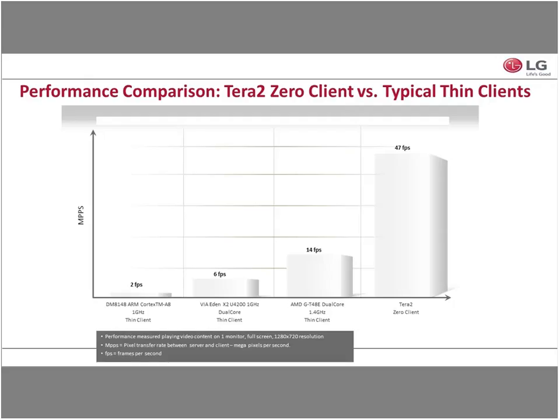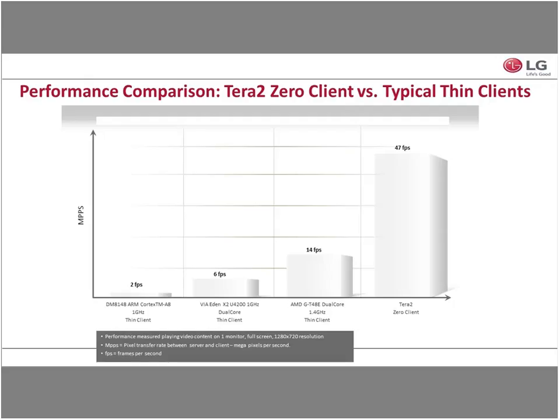Now, this is a slide that shows why you don't want a thin client. For anybody who's doing graphic intensive or high compute kind of computing, you're going to want a high refresh rate, high frames per second. Thin clients have a wide range depending on what operating system you're running them on.